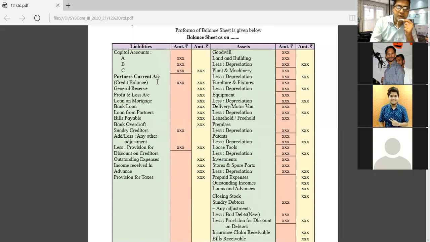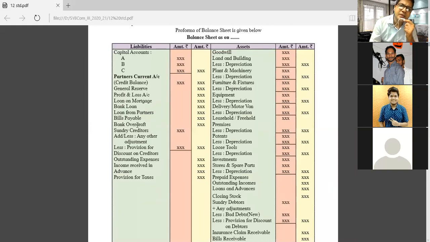If any general reserve is there, we show it on the liability side. Profit and loss account we already discussed. Then mortgage loan, bank loan, loan from partners, the loans taken, we will record on the balance sheet liability side.